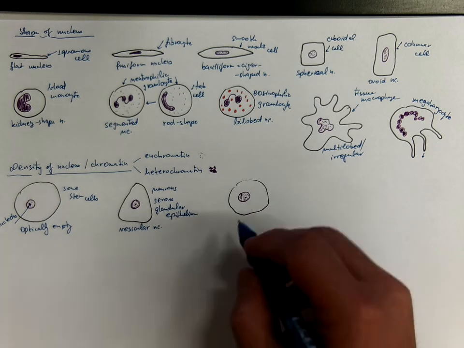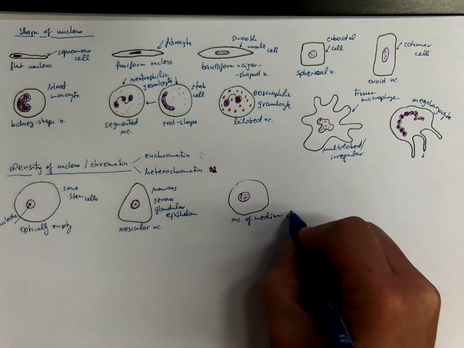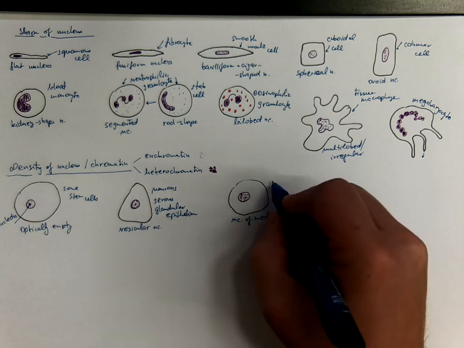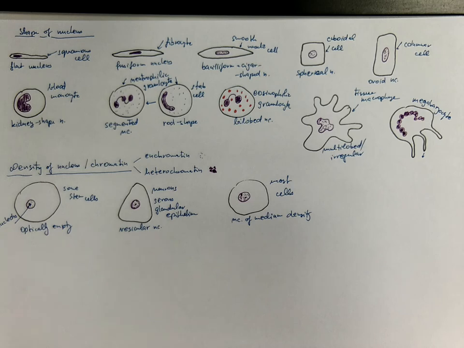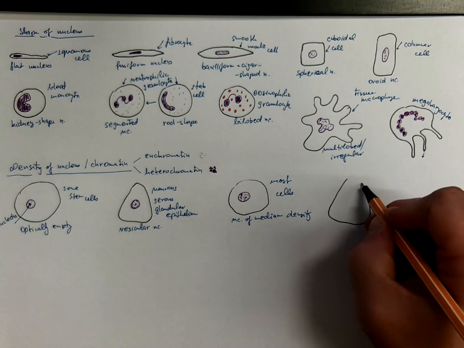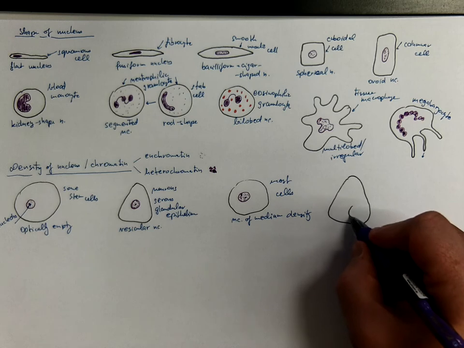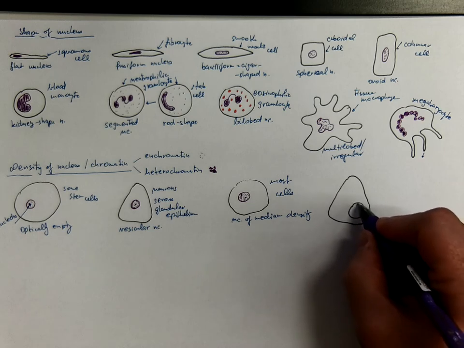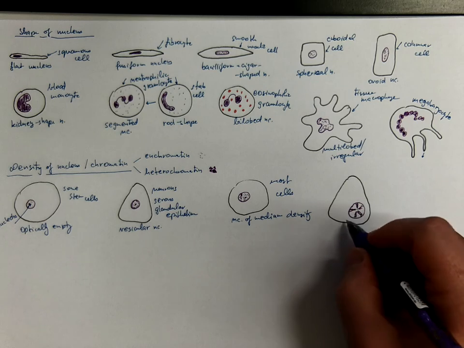So that would be nucleus of medium density in most cells during the interphase, while other cells have very characteristic chromatin pattern, such as this, where the position of nucleus is eccentric, and the heterochromatin, the dark component, forms like this clock face pattern or cartwheel pattern.